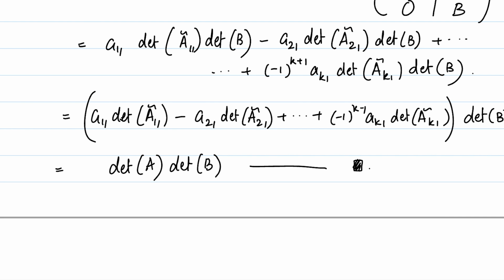So hence we have established the result that determinant of M is determinant of A times determinant of B.